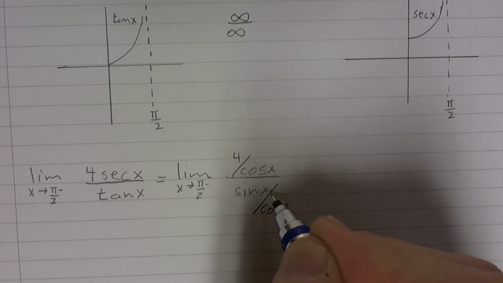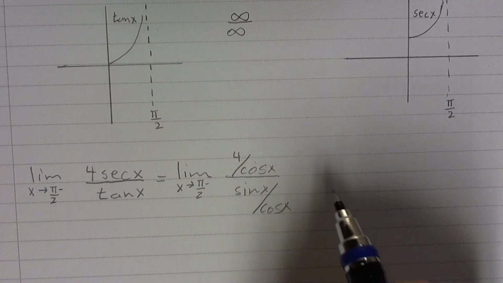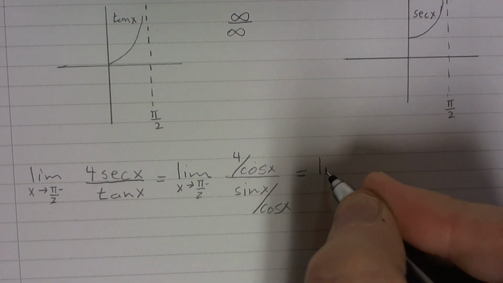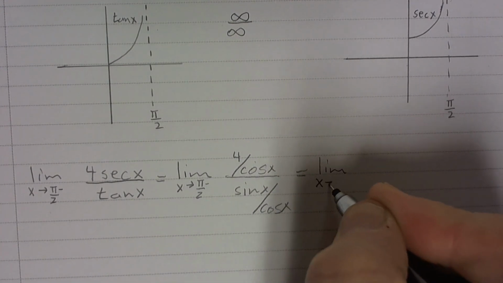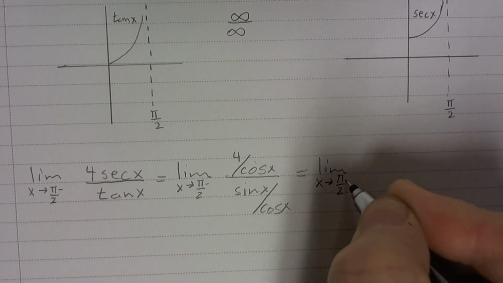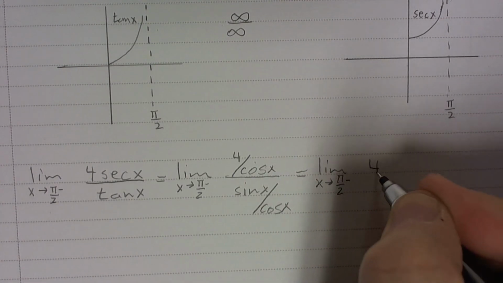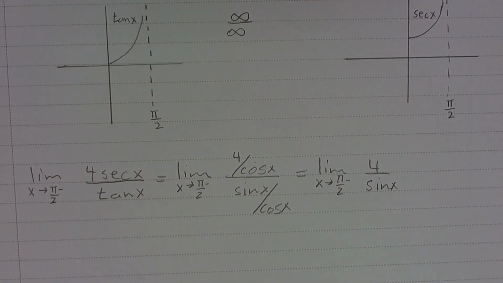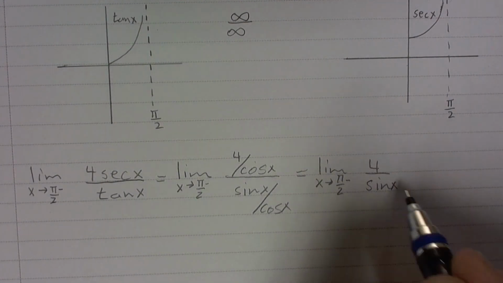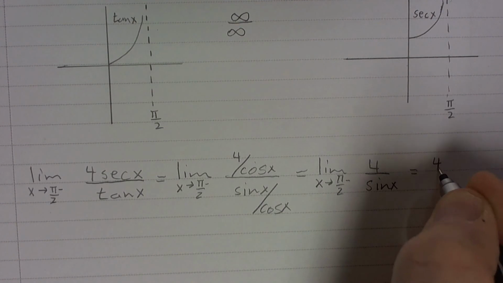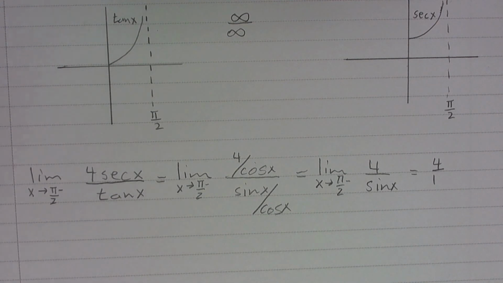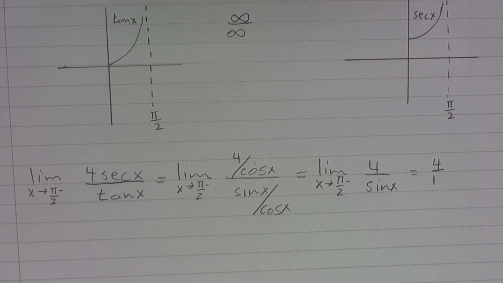We could multiply the top and the bottom by cosine, and we end up with this. We've got the limit as x goes to pi over 2 from the left of 4 over sine x. See? Because the cosines divide out. Now we're ready to evaluate this limit. Putting in pi over 2, sine of pi over 2 is 1, so we get the limit to be 4 over 1, which is 4. So that's how we can use L'Hopital's rule.